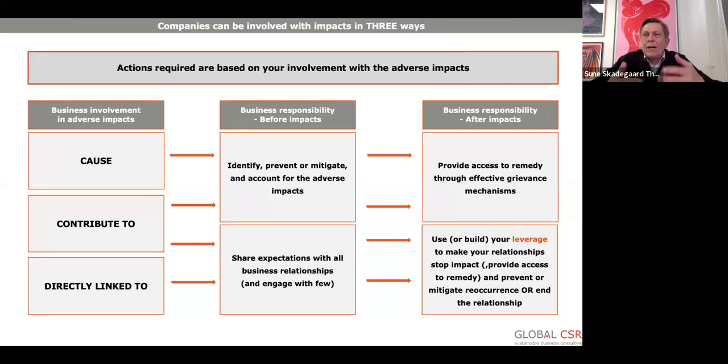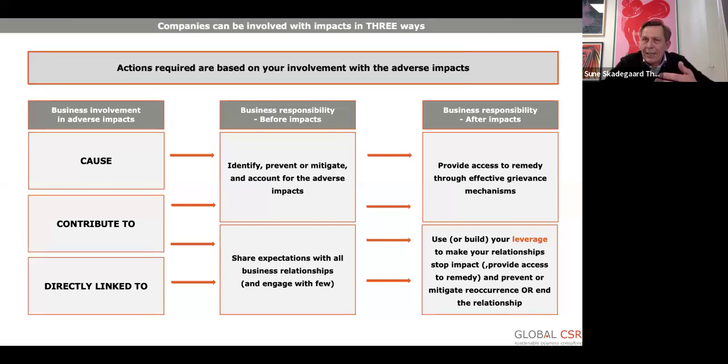But it's important then to find out how you act in order to meet your responsibility. In this case, the guiding principles have described that your business responsibility before something has gone wrong, your responsibility to prevent or mitigate, is directly described by the standards.